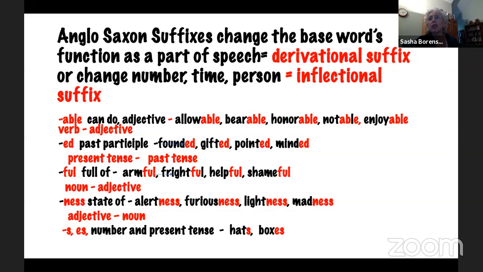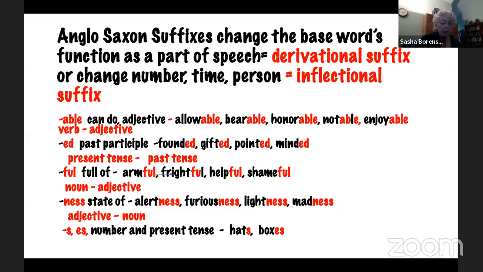So with an inflectional suffix, the base word stays in its part of speech, but it changes slightly. With a derivational suffix, when you add that suffix to a base word, that base word changes its part of speech. I think it took me about 20 times to hear this before I got this. Okay? But you're going to have these words thrown at you all the time, right?